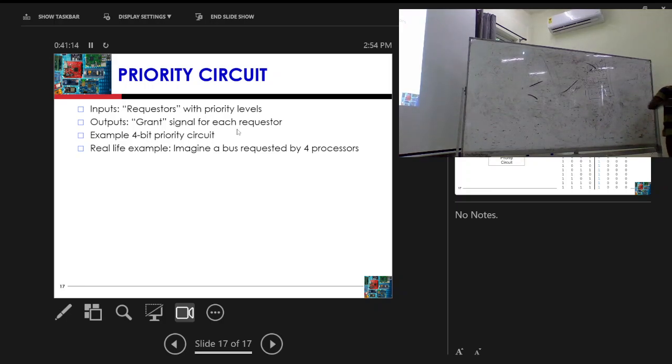So when they all request at the same time, it looks for the one with the highest priority and grants it the bus. It makes that line 1, and all the other grant lines will be 0. Until that particular device has used the bus, then it will give it to the next one with the highest priority.